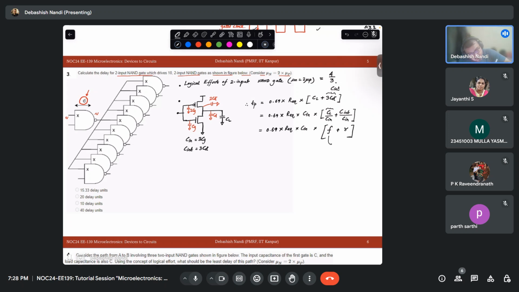So F was what? F was electrical fan out and gamma was self loading. Fine. So now what do we do? We take this R equivalent, and we take our gamma outside.